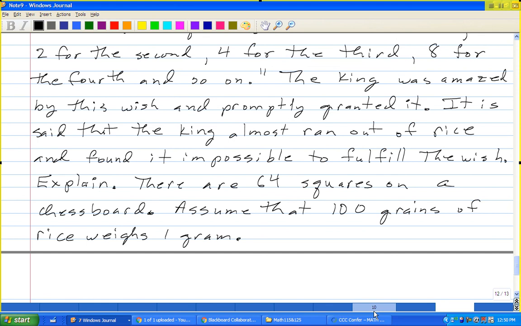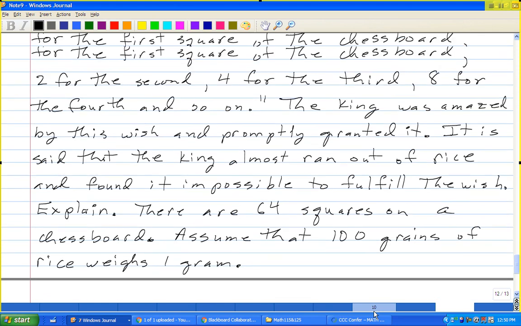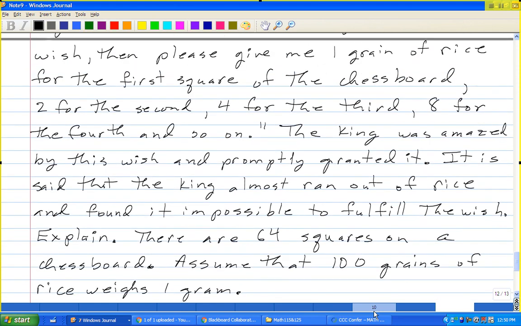So this is an old Arabic tale about how you put 1 grain of rice on a chess square, then you double it for each subsequent square on the chessboard.